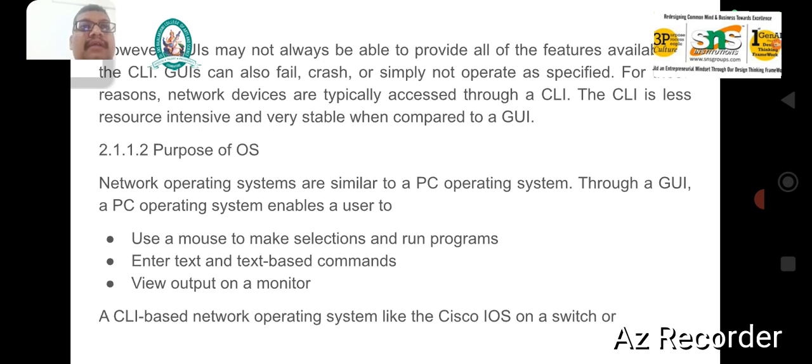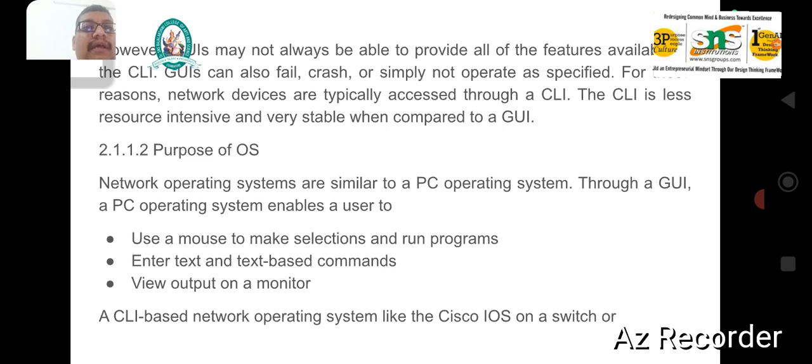However, a GUI may not always be able to provide all features available at the CLI. A GUI can also fail, crash, or simply not operate as specified. For these reasons, network devices are typically accessed through the CLI. The CLI is less resource intensive and very stable when compared to a GUI. Purpose of OS. Network operating systems are similar to PC operating systems.